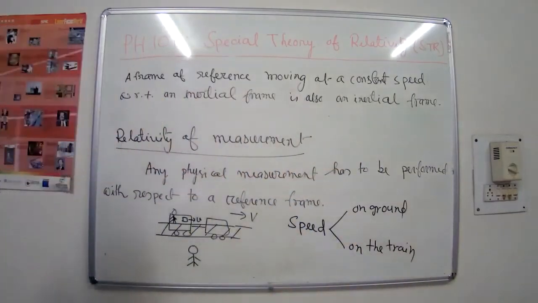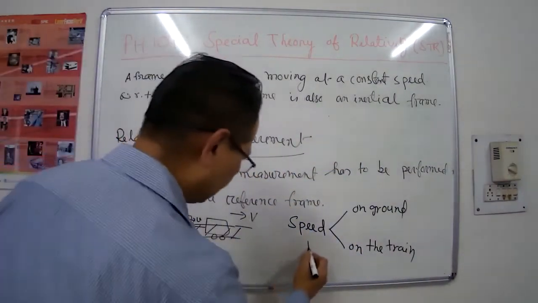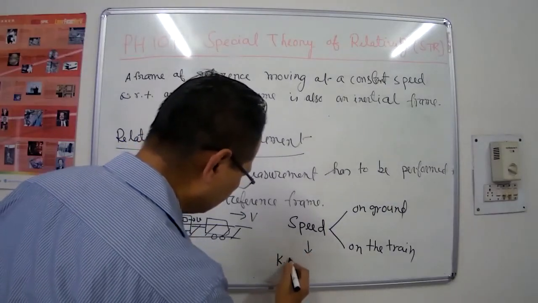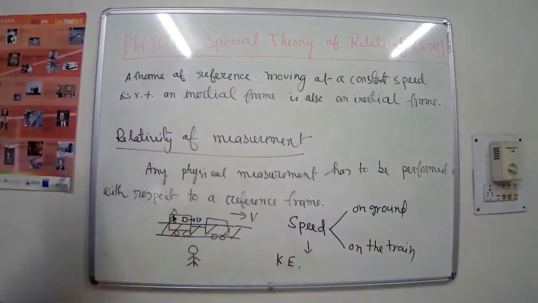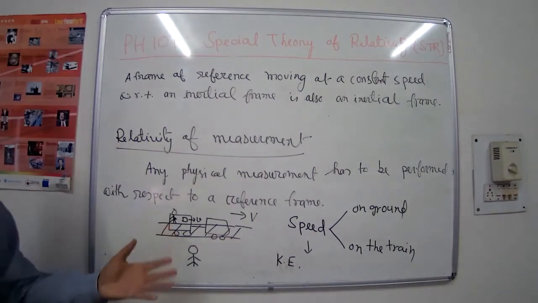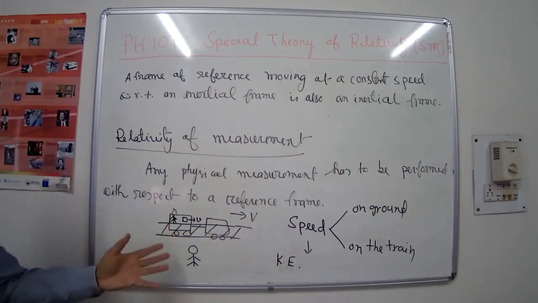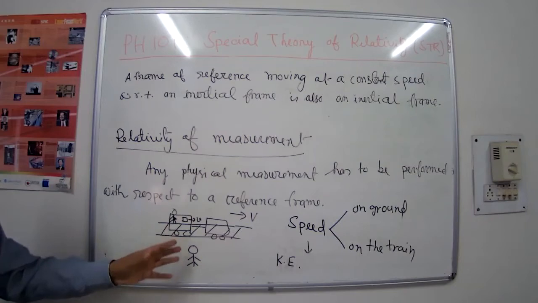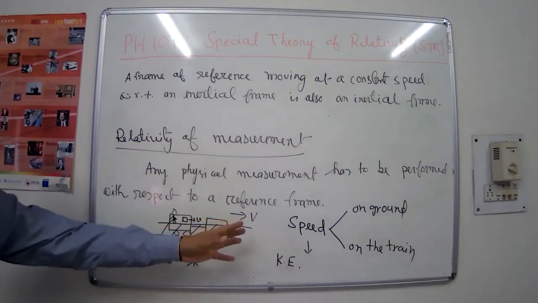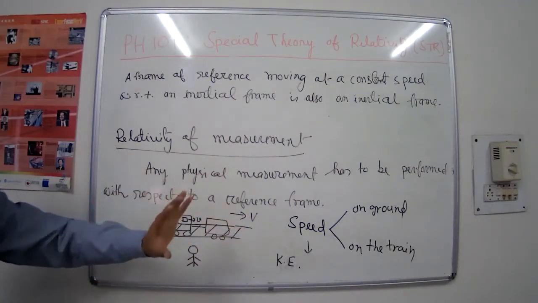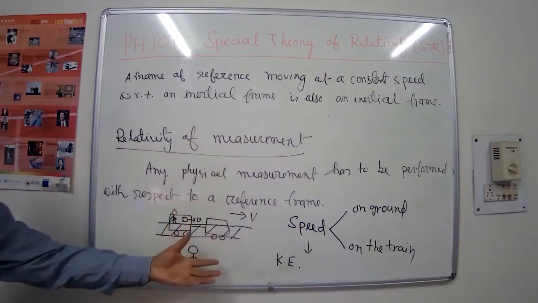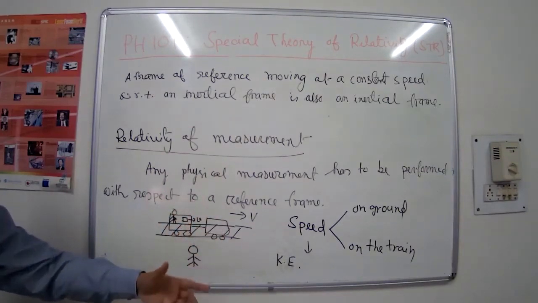A similar example can be the kinetic energy. Let's say I'm considering the kinetic energy of the train itself. If you are making the measurement of kinetic energy, then for you the train is moving with a constant speed, so you can take the formula of kinetic energy and calculate the kinetic energy of the train.